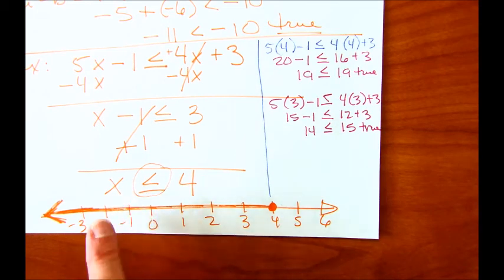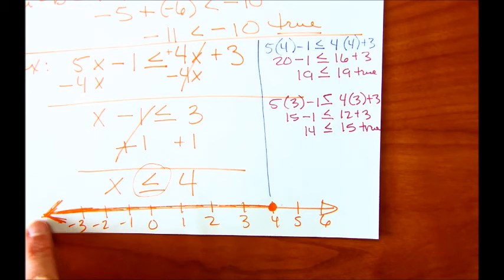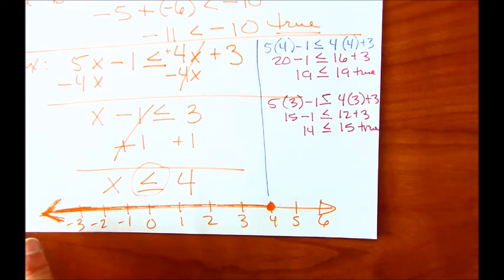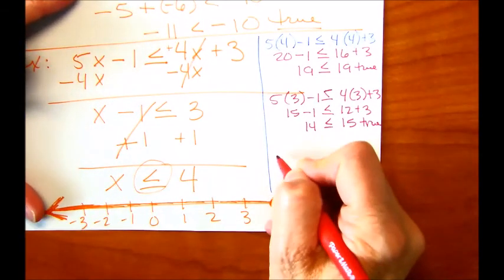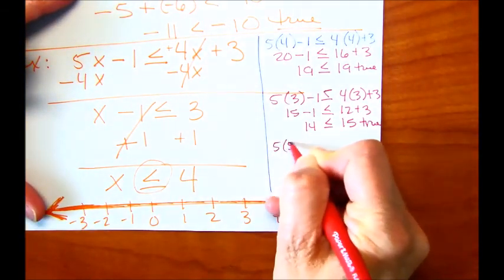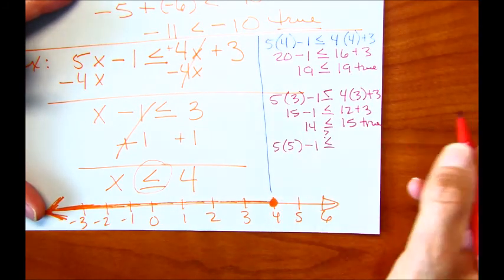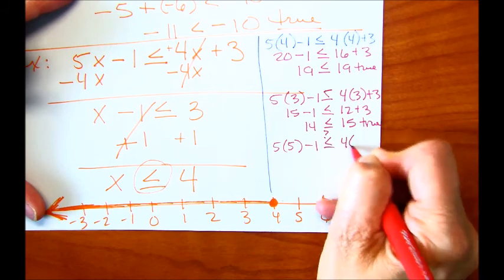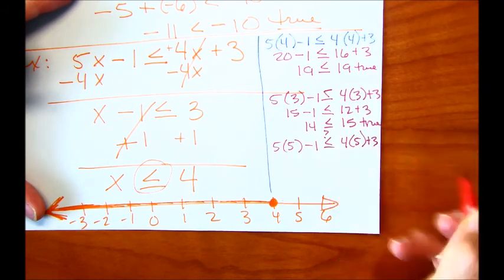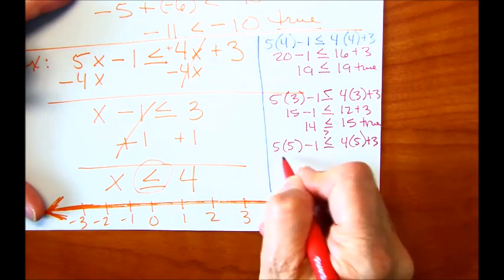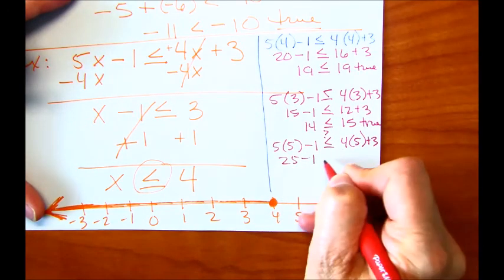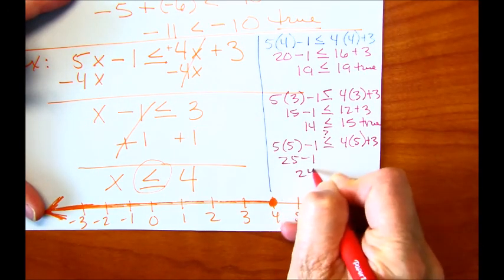And if you didn't believe it and you wanted to keep plugging in different numbers, feel free to do that. You know, if you thought, well, maybe it's wrong, maybe 5 would work and that would be a greater than, let's go ahead and try that. Let's say 5 times 5 minus 1, is that less than or equal to 4 times 5 plus 3? So 5 times 5 is 25 minus 1, that's going to give you 24.